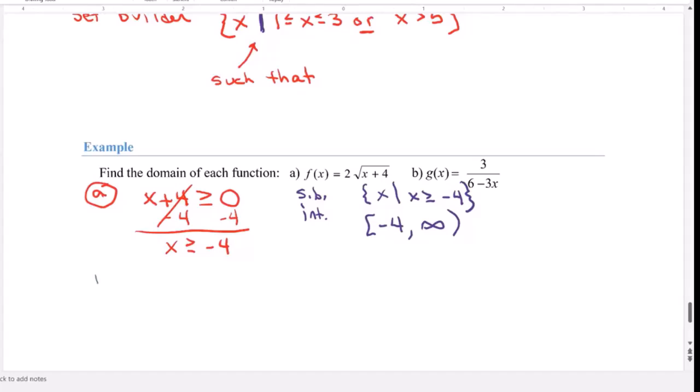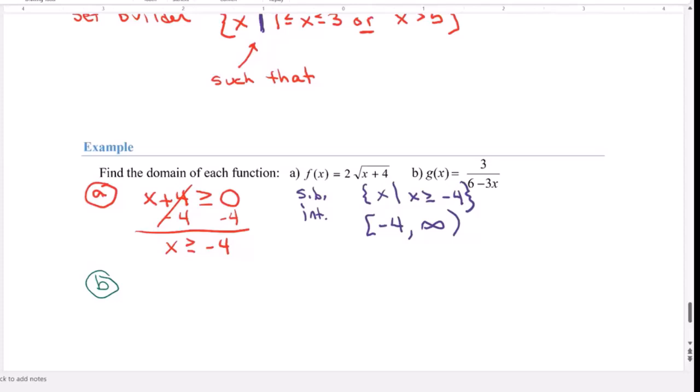Let's talk about B. And I'm kind of always looking to see where is there going to be a problem? Like what values are going to give me a problem? So if I look at a fraction, well, what do I know is going to cause problems in a fraction? The denominator can never equal 0.